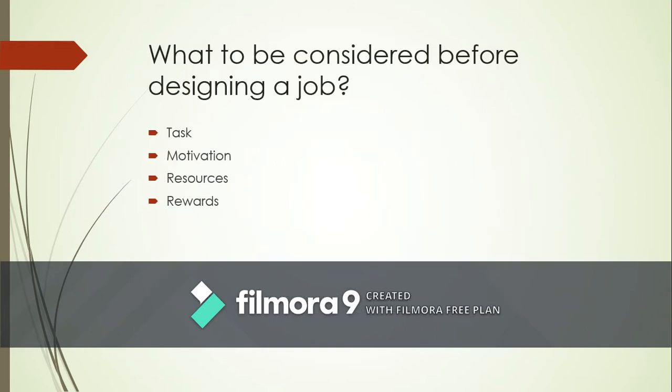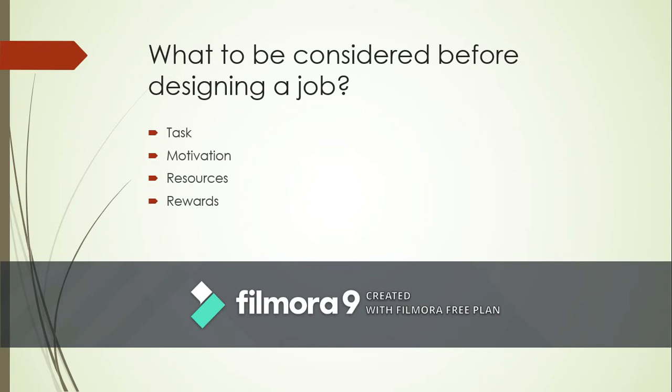Then going further, what is to be considered before designing a job? There are four important things that are to be considered before designing a job. The first one is task. Second one is motivation, then resources and rewards. What task has to be designed has to be understood by the person who is designing a job.